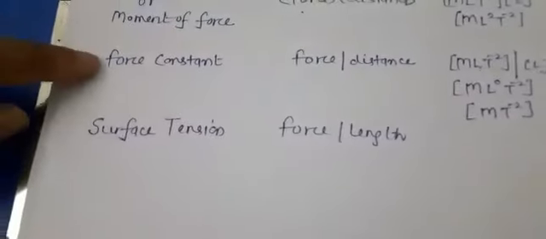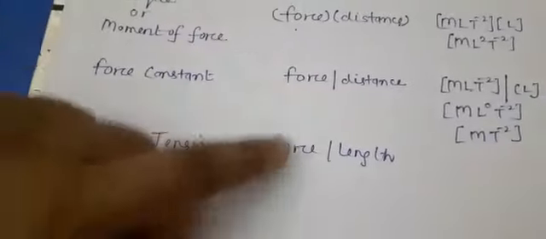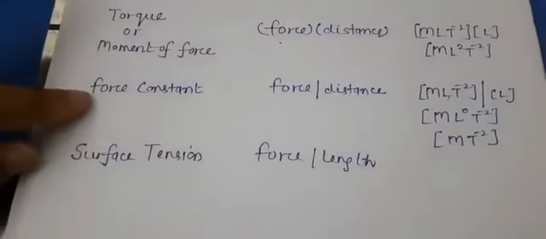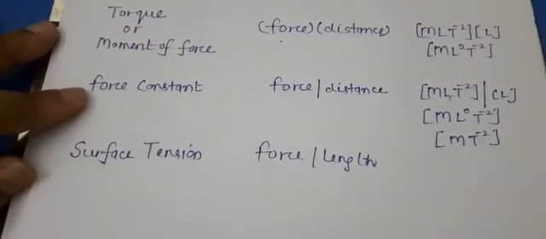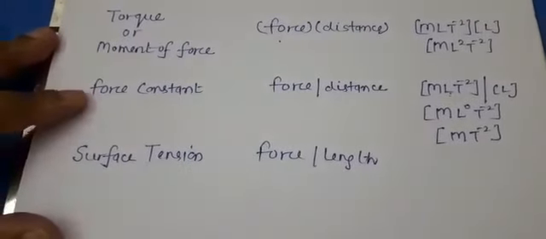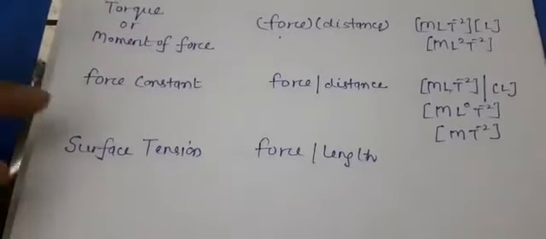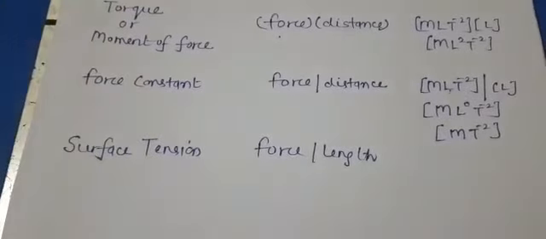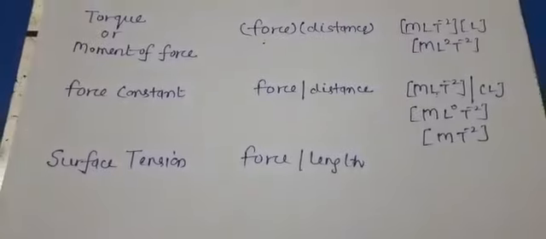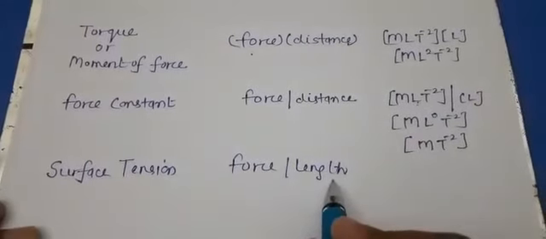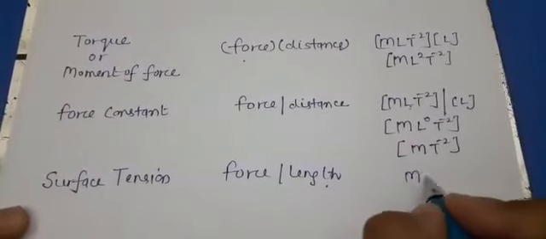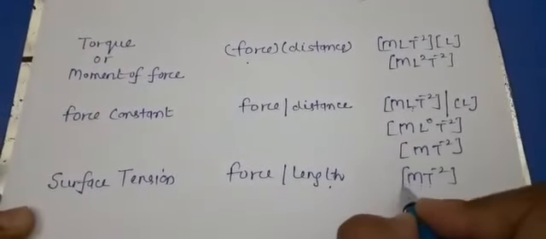See, force constant and surface tension have almost the same kind of physical formula, but they are entirely different. Force constant is used when you are taking a spring, that is, the spring constant or force constant for a particular spring material. Whereas surface tension is a property of liquid at rest. But the same physical formula doesn't mean the physical meaning of the quantity is also the same. So the formula you can find will also come out to be the same.